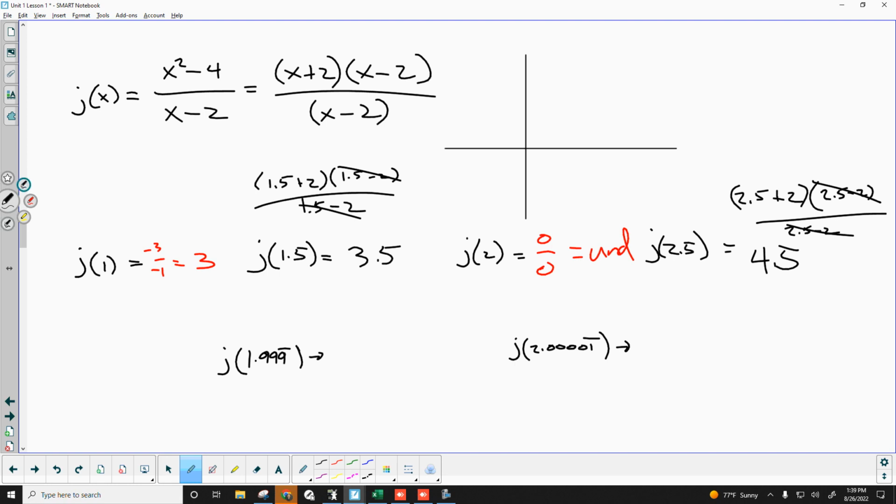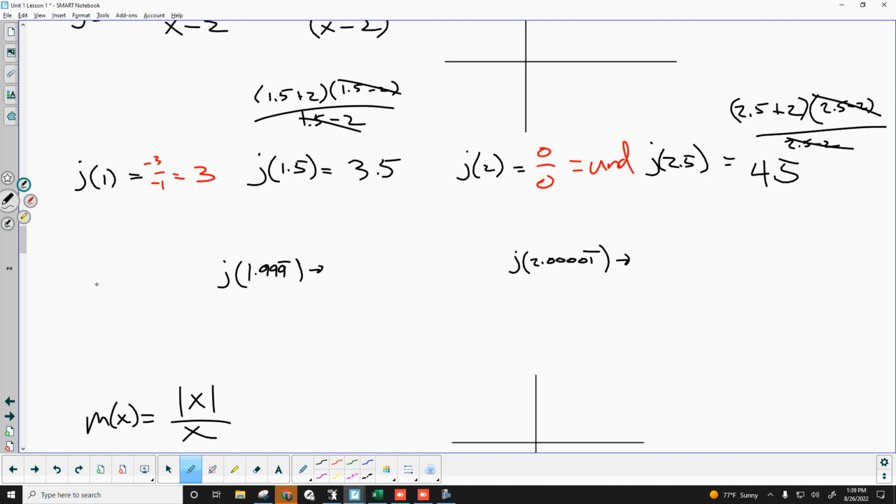So why would it not work for the other? Well, let's think about plugging in this number and this number, and how it differs from plugging in 2. 1.9 repeated plus 2, 1.9 repeated minus 2 over 1.9 repeated minus 2.